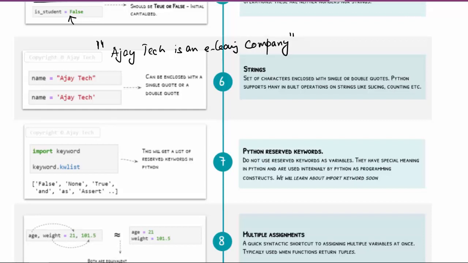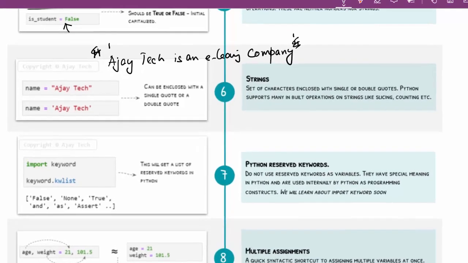Now you can use either single quotes or double quotes, it's your choice. There are many inbuilt methods as well, like slicing or counting. These are all operations that can be performed on a string that Python supports right out of the box. And again, as we go through the course, we'll see examples of what we can do with strings.